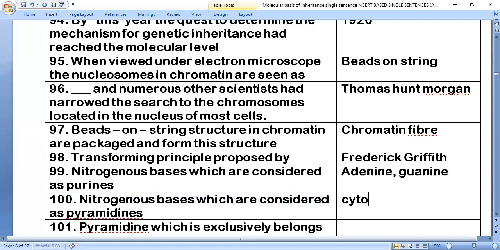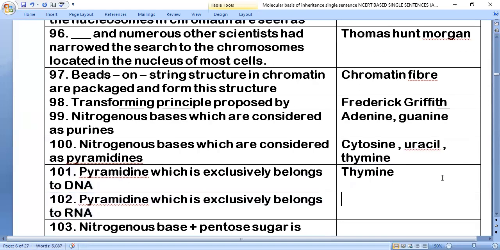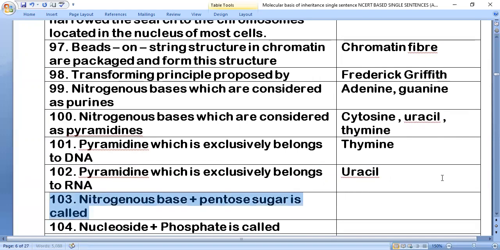Pyrimidines: cytosine and uracil. The pyrimidine which exclusively belongs to DNA is thymine. Here we have to write thymine also. The pyrimidine which exclusively belongs to RNA is uracil.